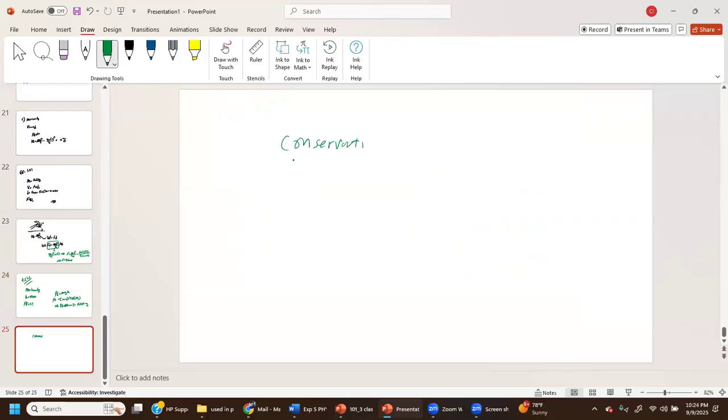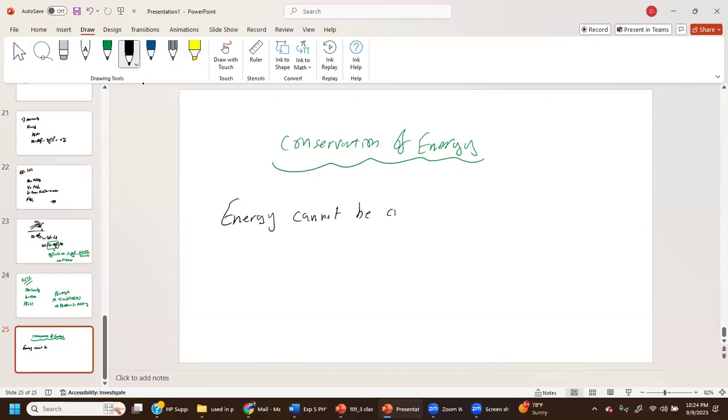the law of conservation of energy, which is energy cannot be created.